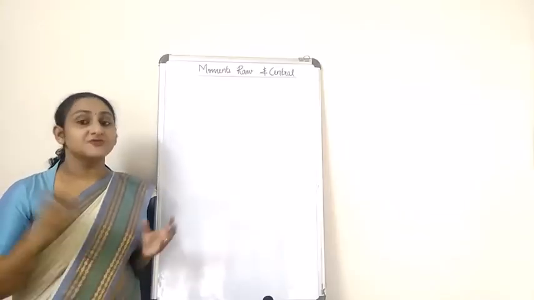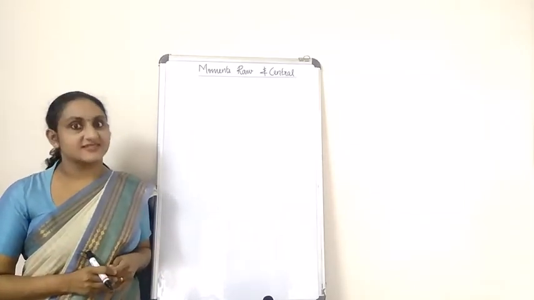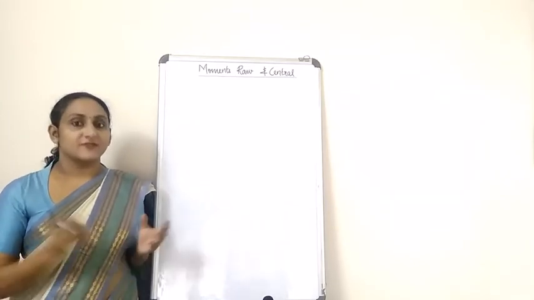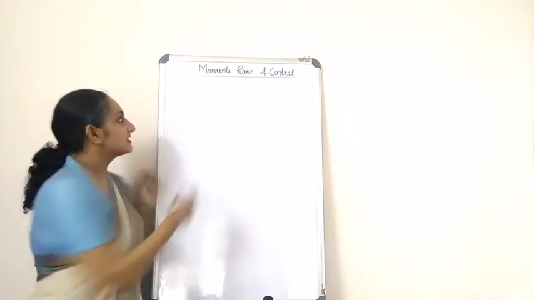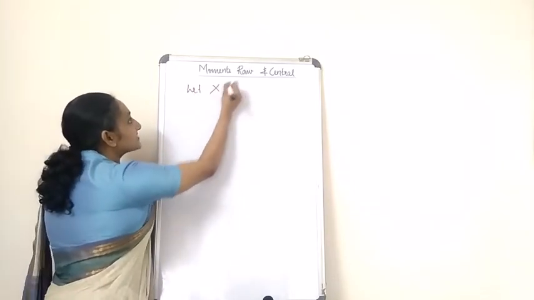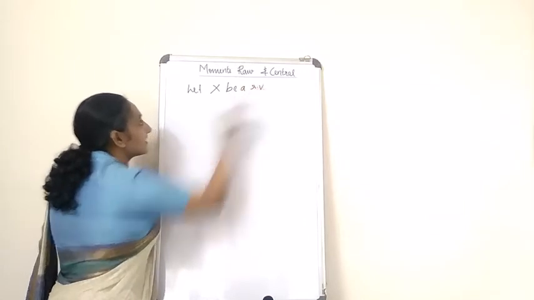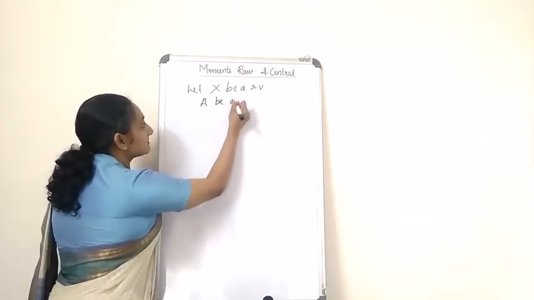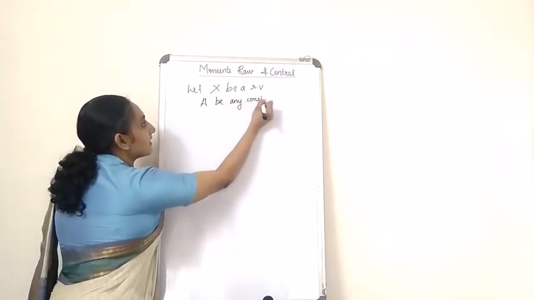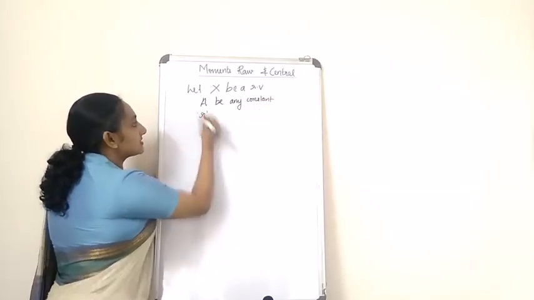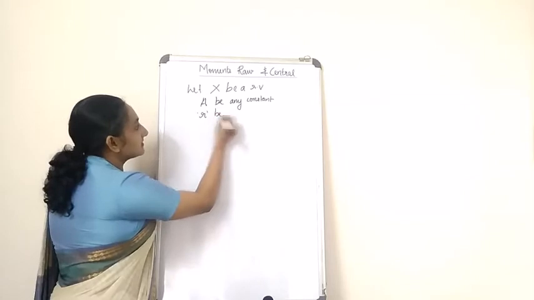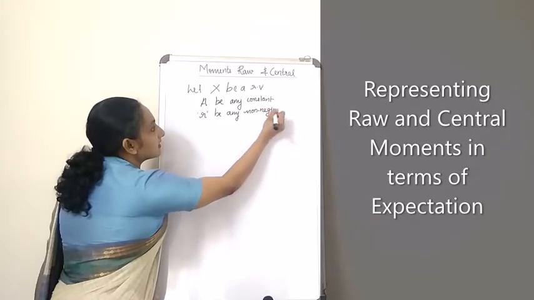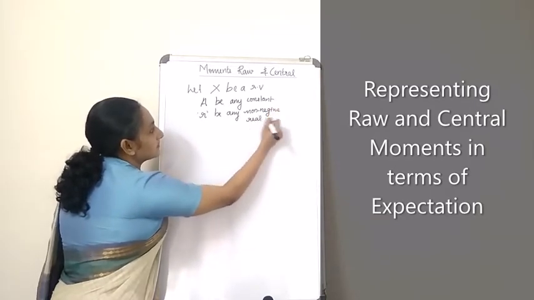Now let us move on to how to represent the raw and central moments in terms of expectation. For that, let us consider a random variable X. Let capital A be any constant, and small r be any non-negative real number.